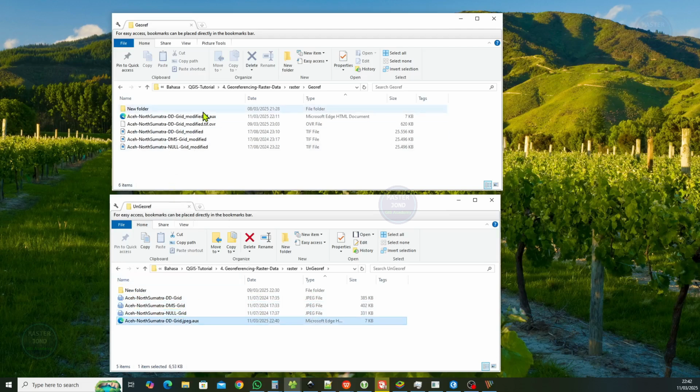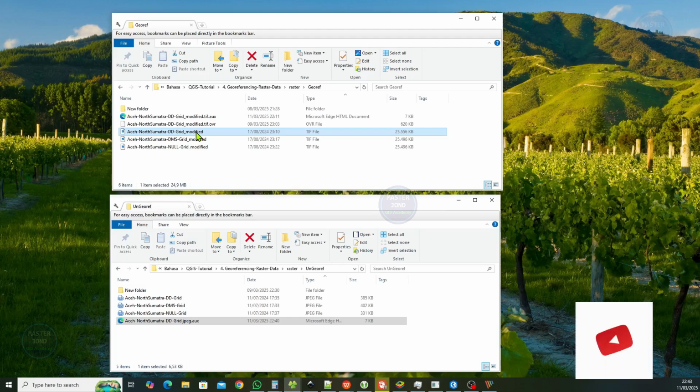This also TIFF.aux and TIFF.ovr, we can ignore, because all the coordinates that have been registered into the raster are already embedded into this TIFF or GeoTIFF.